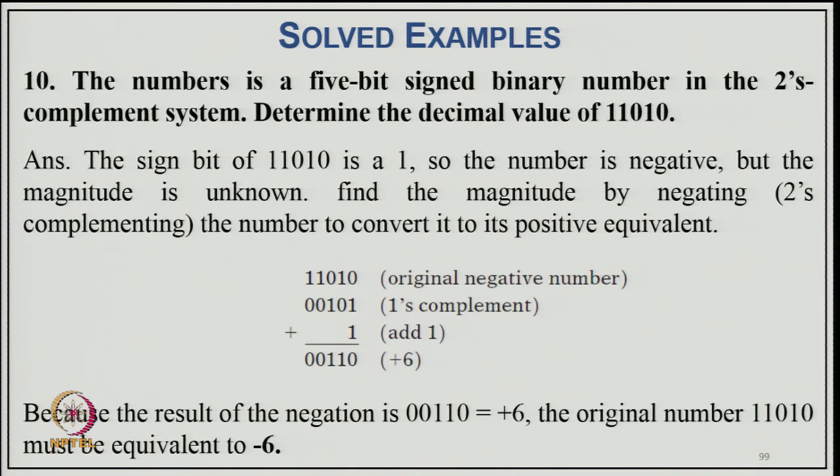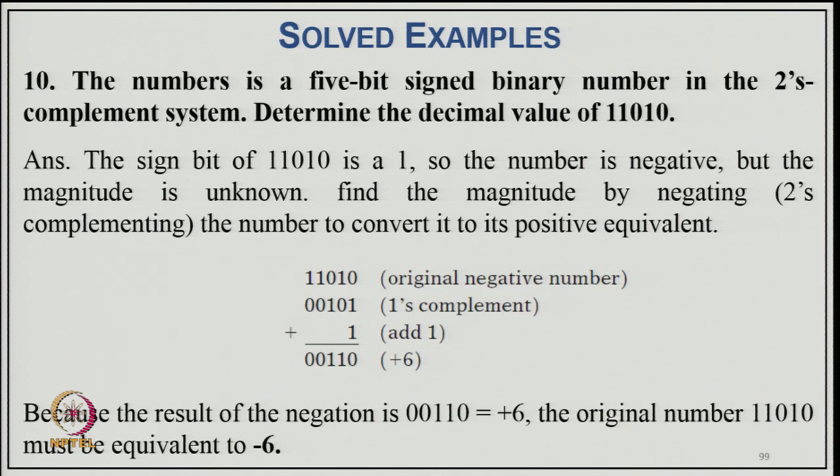Example 10: the number is a 5 bit signed binary number in second complement. Determine the decimal value of 11010. Answer: the sign bit of 11010 is 1, so the number is negative. The magnitude is unknown, so find the magnitude by negating the second complement number, converting it into positive.